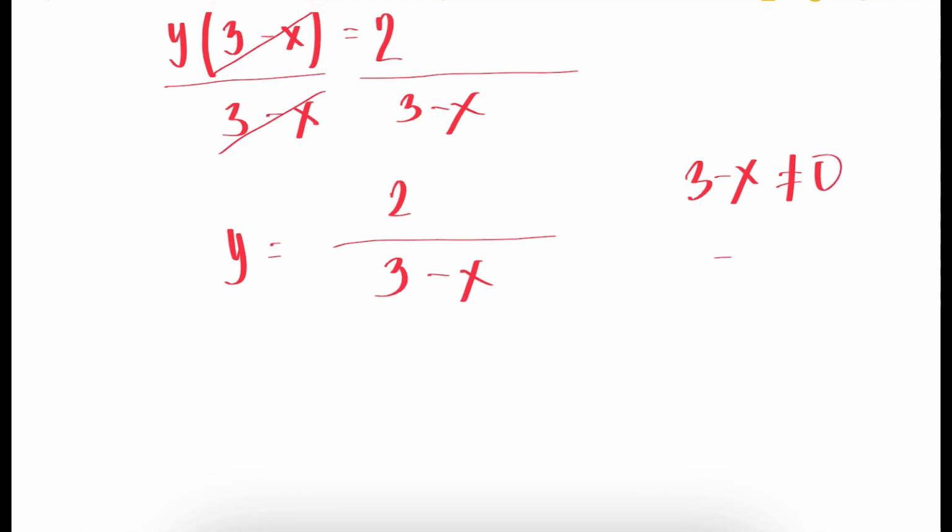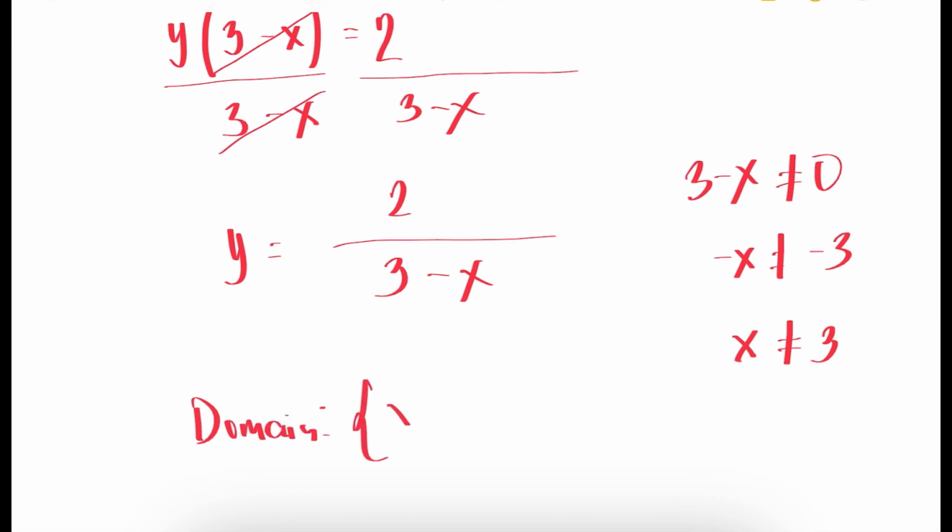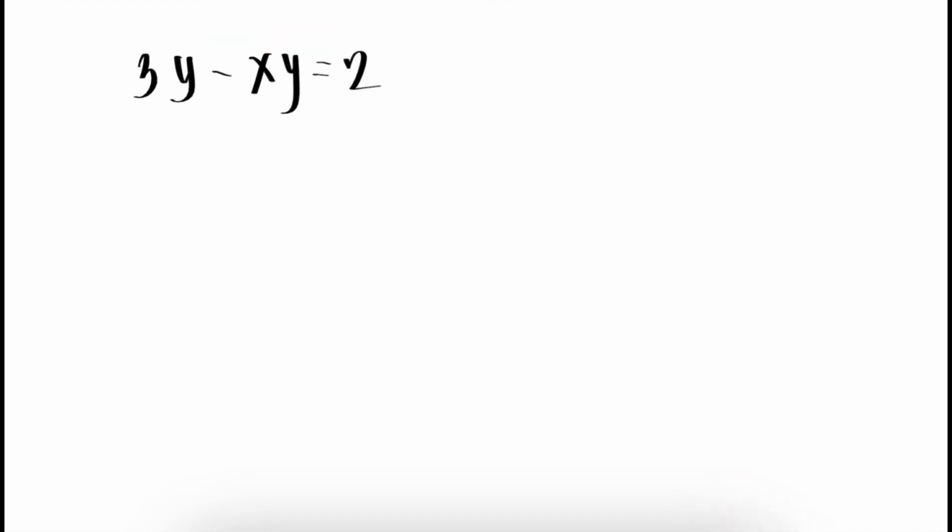Therefore, negative x is not equal to negative 3, or let's simplify, x now is not equal to positive 3. So, the domain of the function is all values of x such that x is not equal to positive 3. To define the range, let's solve the equation for x in terms of y.